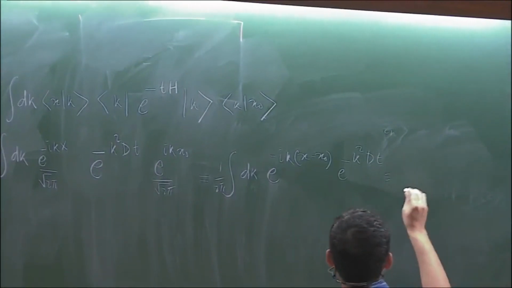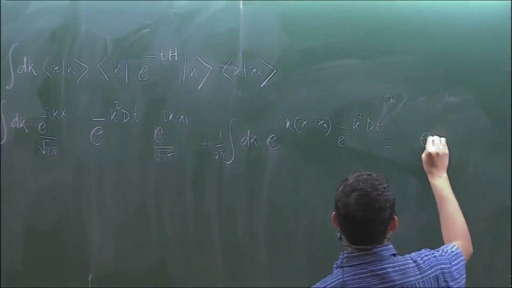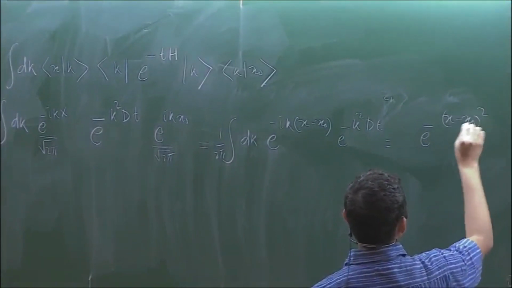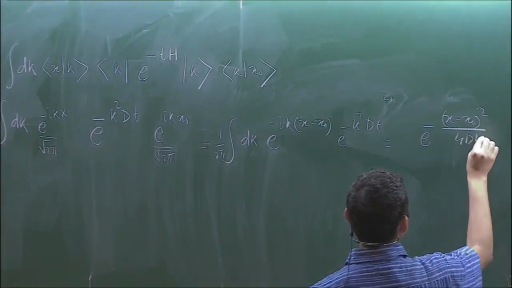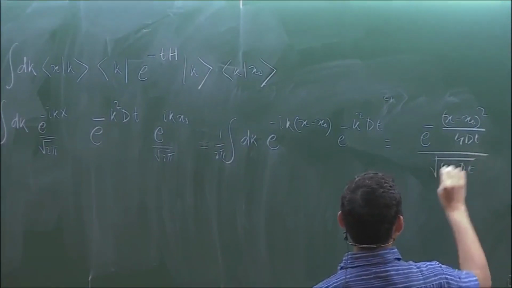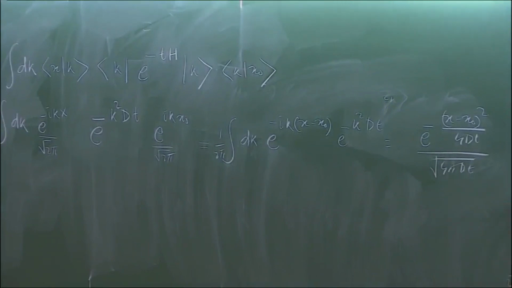So this is equal to e to the power minus x minus x naught square by 4 D t. Right? So it says basically that by knowing this quantum mechanics problem, you can just find out your Brownian motion, right?